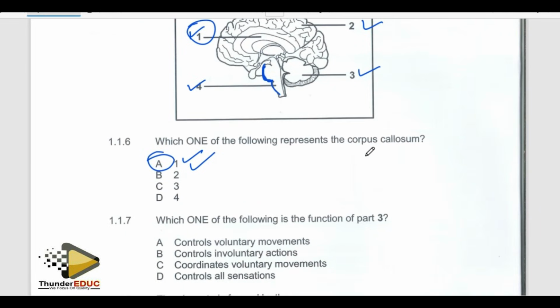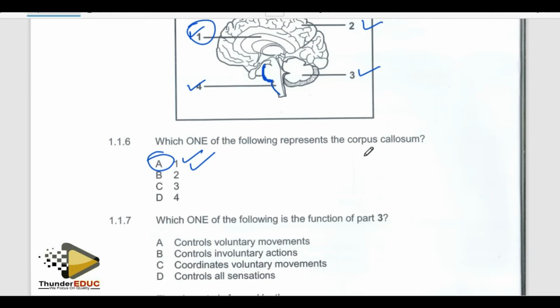We have seen that part 3 is the cerebellum. Cerebellum is responsible for coordination of voluntary movement. There is a confusion. I always tell my students, don't confuse coordination and control. It does not control voluntary movements. It coordinates voluntary movements.